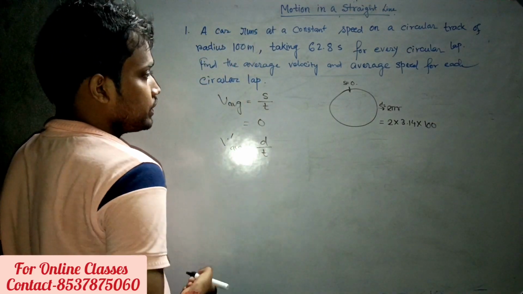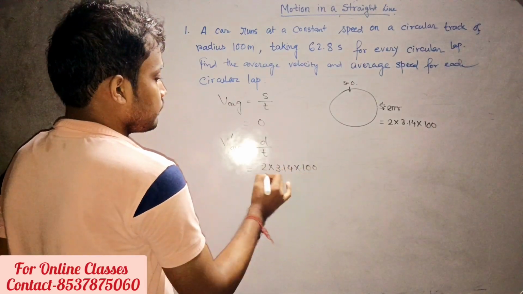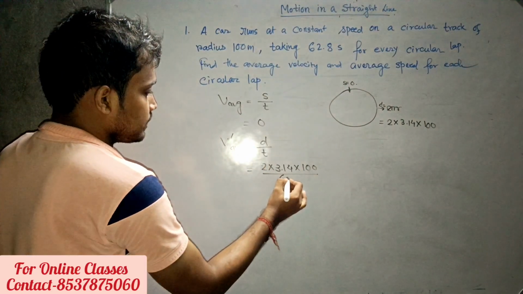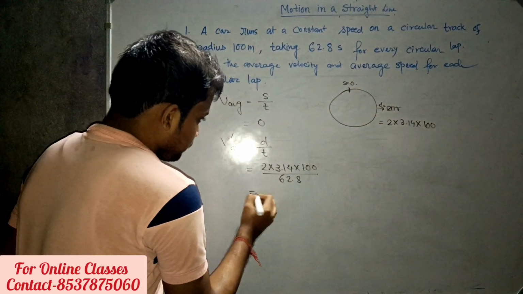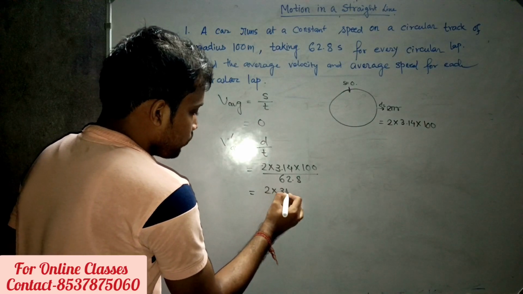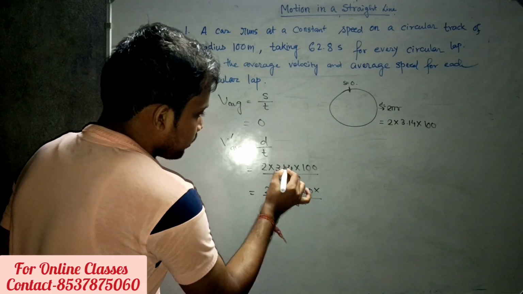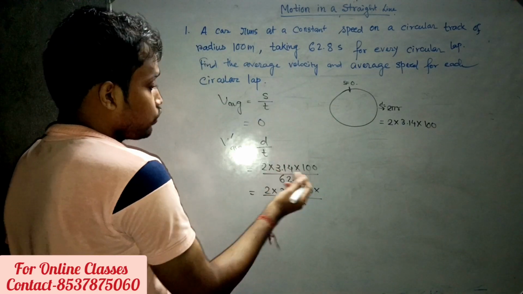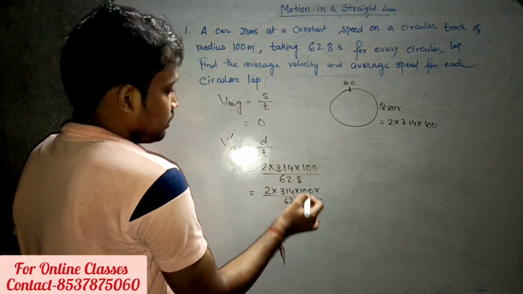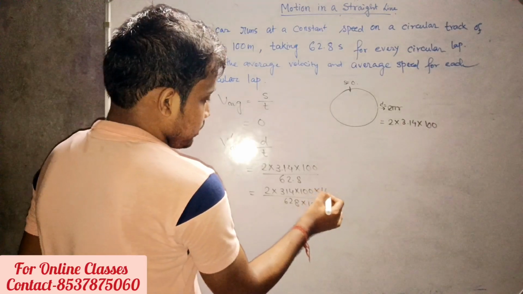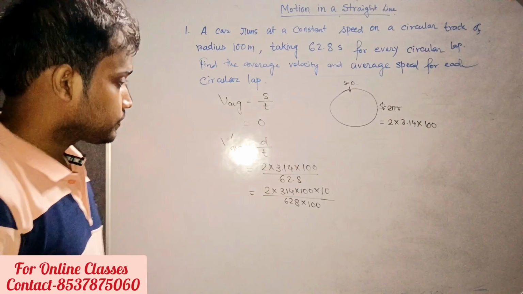So we can put the values here. It will be 3.14 into 100, and the time is 62.8 seconds. If we forget the decimal, we get 314 by 628; after the decimal there are two places, so you can take 100 in the denominator and cancel it.